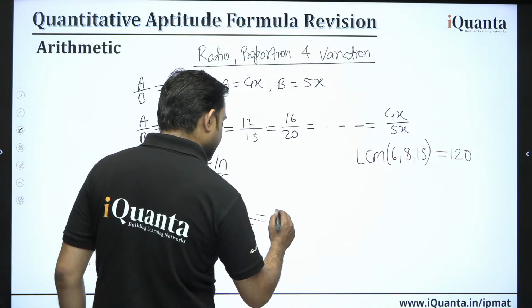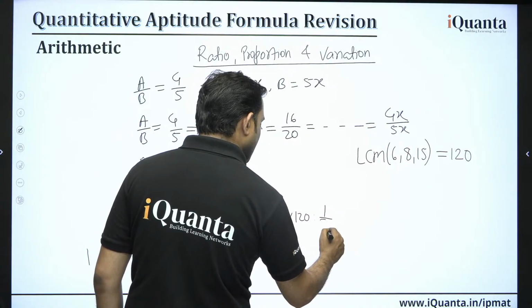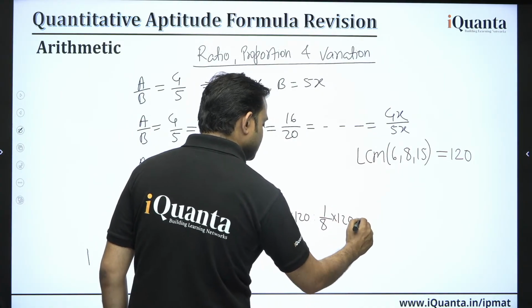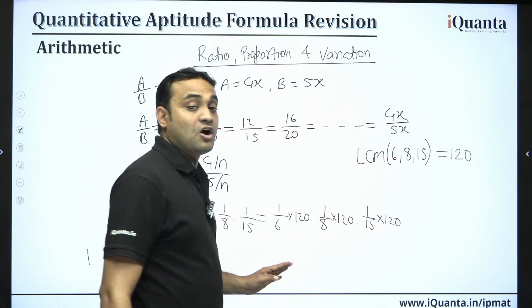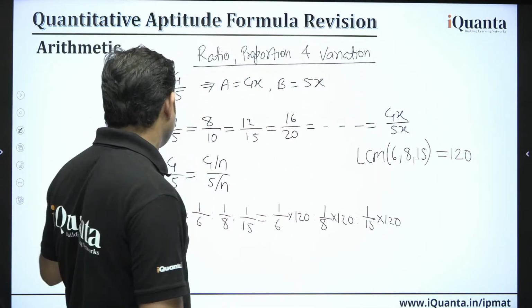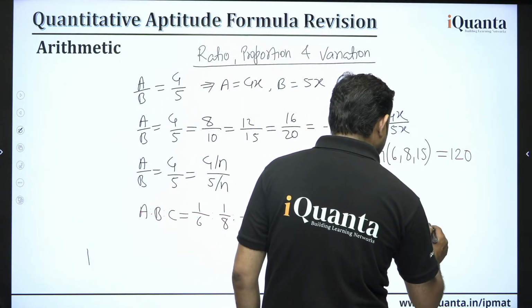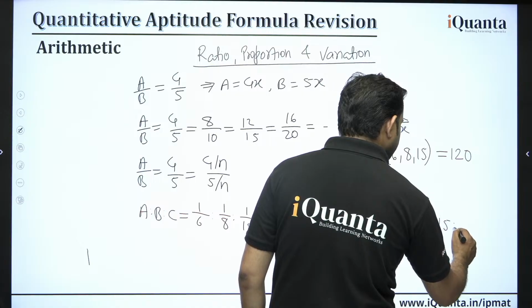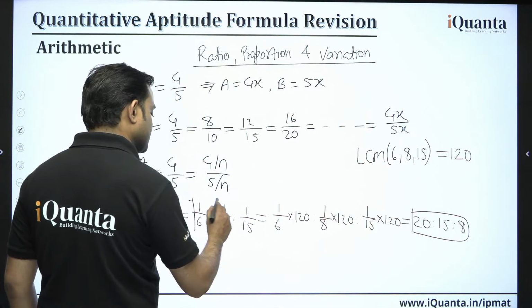I can write it as 1 by 6 into 120, 1 by 8 into 120, 1 by 15 into 120. This will not change the ratio, because we are multiplying by the same value. So this will be equal to 20 is to 15 is to 8. So this ratio and that ratio, both of them are the same thing.